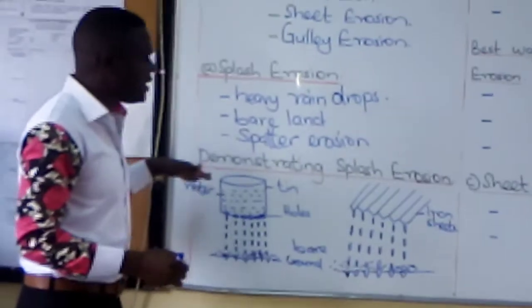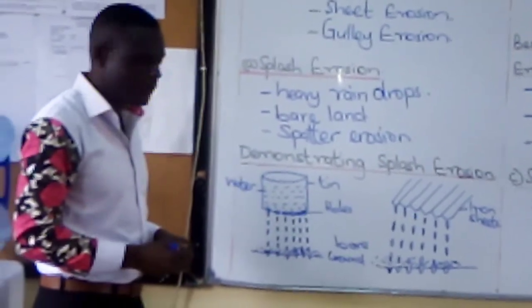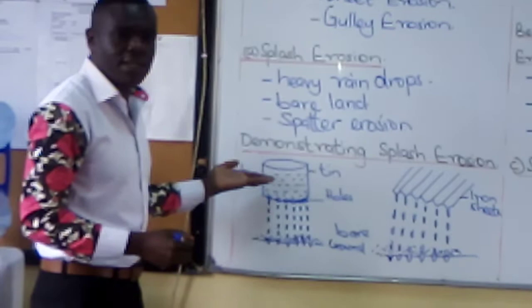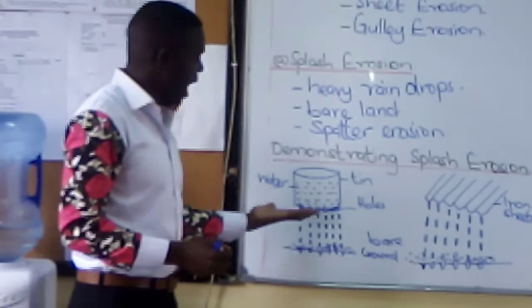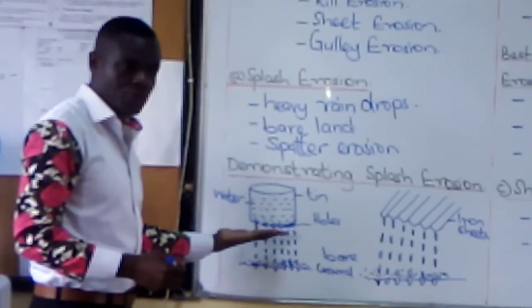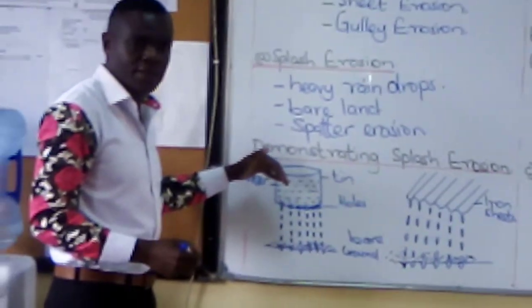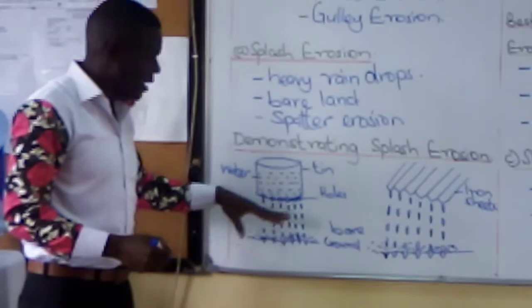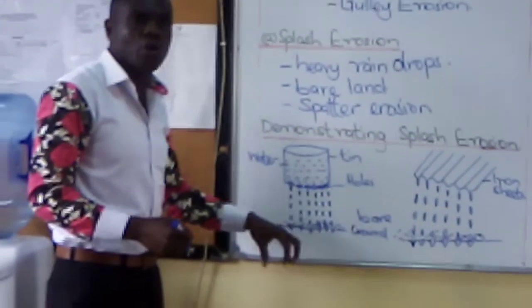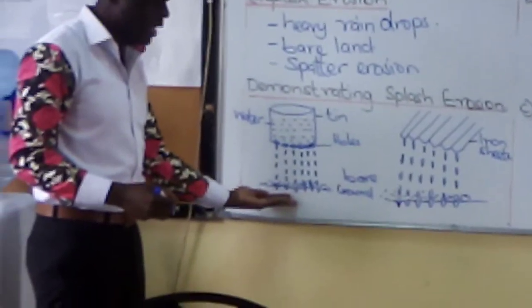Now, we can demonstrate splash erosion with these 2 diagrams. You can take a tin and make holes on the bottom part of it. Then you pour water in the tin. The water will flow through the holes at the bottom, and as the droplets reach the ground, they make holes on the ground like I've drawn here.